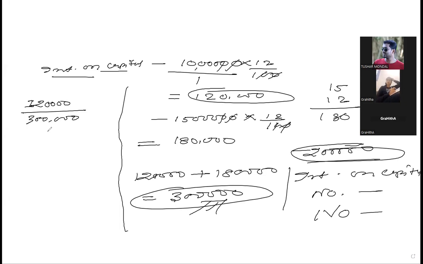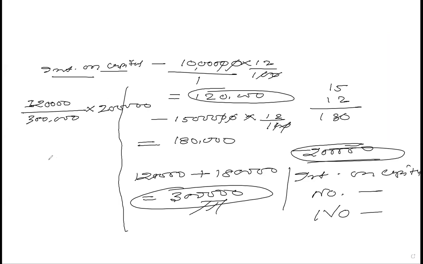The amount is always divided by this situation. So 1 lakh 20,000 divided by 3 lakh, multiplied by the 2 lakh available. Here 5 zeros and here 5 zeros you can cut.